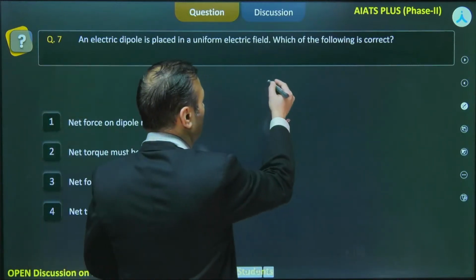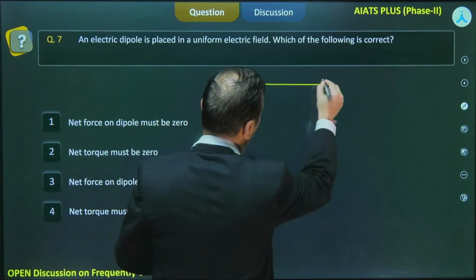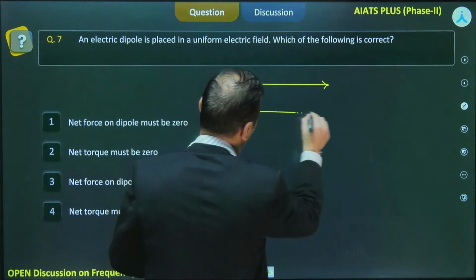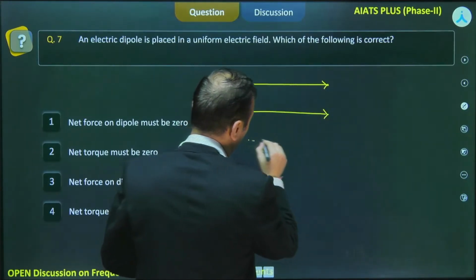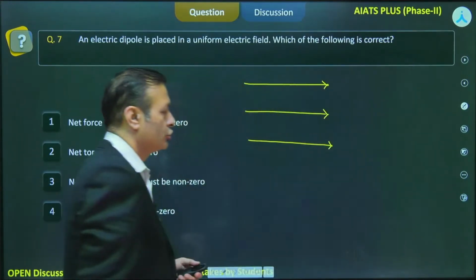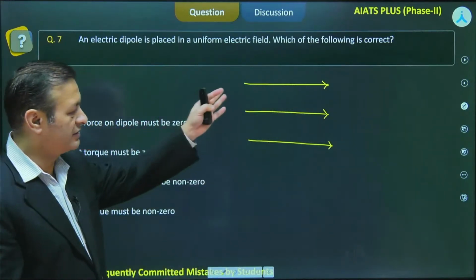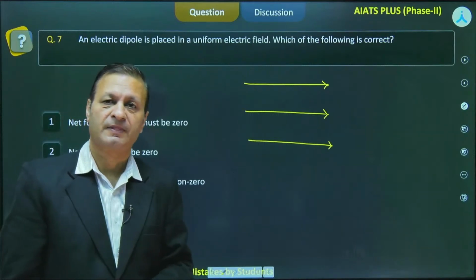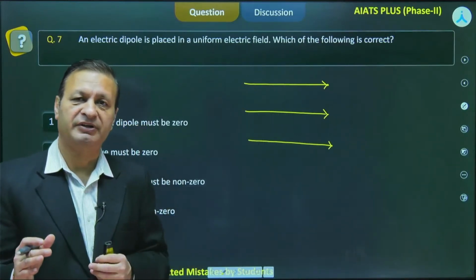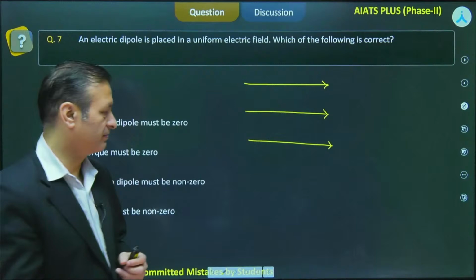Now, let's understand. I'm drawing a uniform electric field. All these parallel lines basically represent a uniform electric field region.